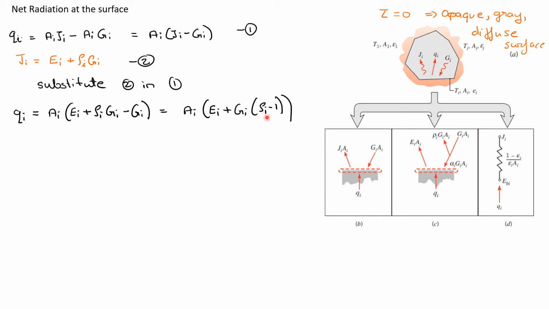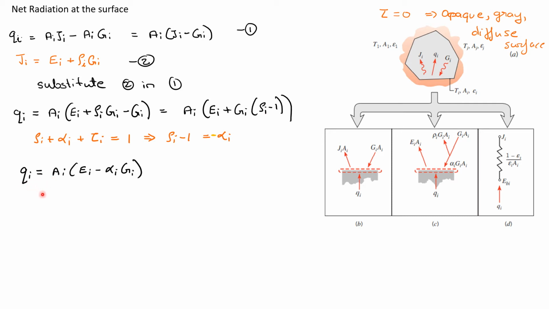Now whenever you see something like this, remember to use the summation formula for transmissivity, absorptivity, and reflectivity. So the summation of all these three terms is 1, and because our object is opaque, our transmissivity is 0, so our rho i minus 1 will be equal to, this should be minus, so it should be equal to minus alpha i, and we'll substitute that right here.